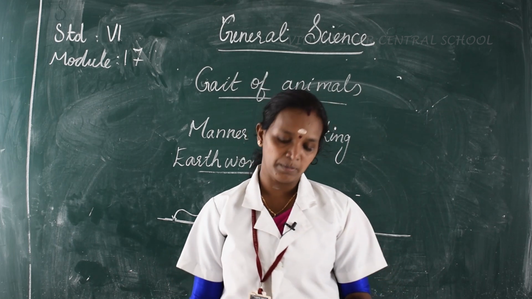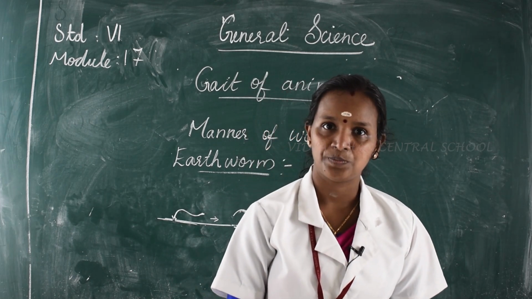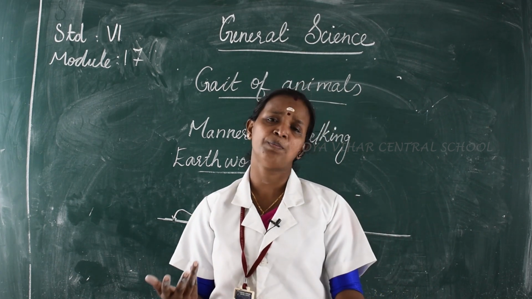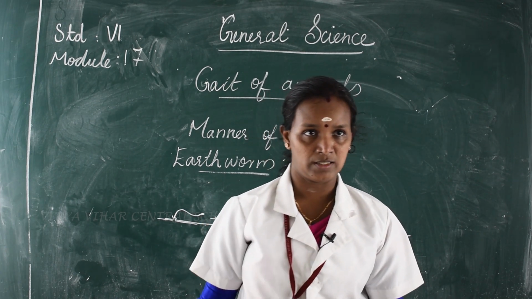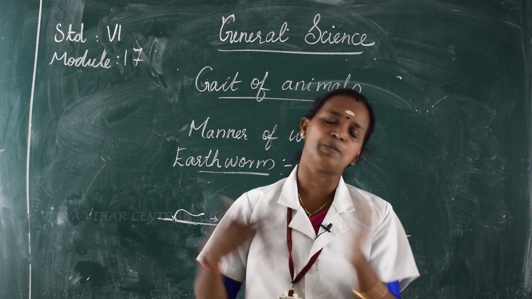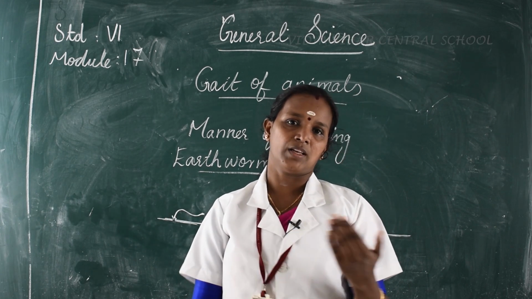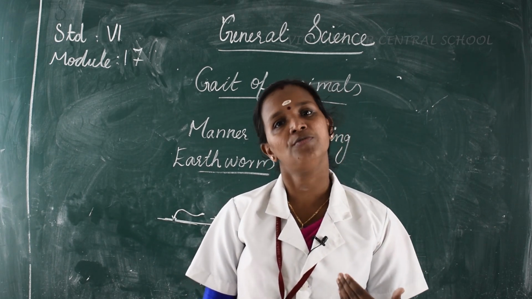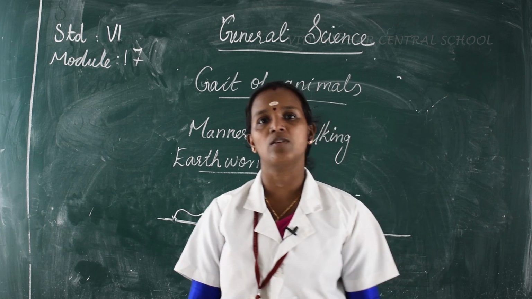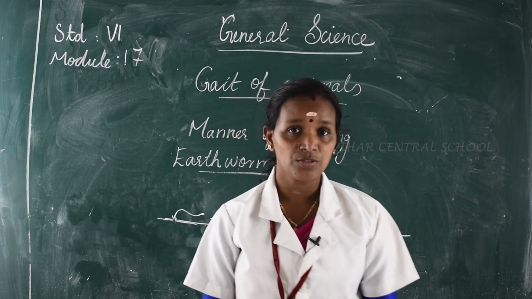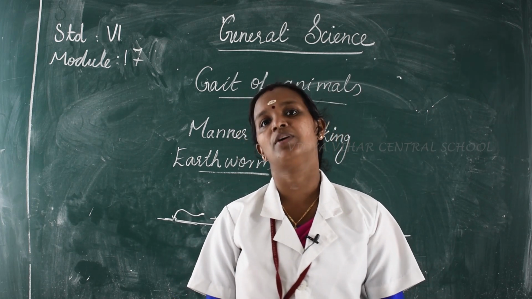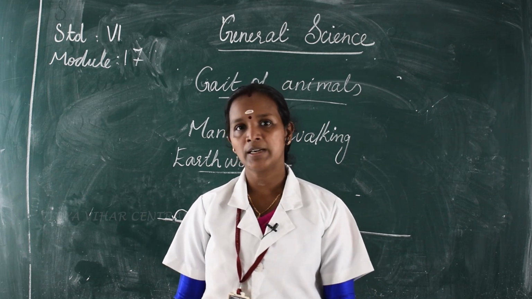The earthworm eats its way through the soil, and the undigested part is expelled to the soil and it makes the soil fertile. That is why earthworms are called friends of the farmers, as you have studied in lower class.